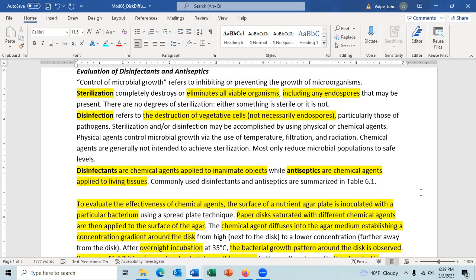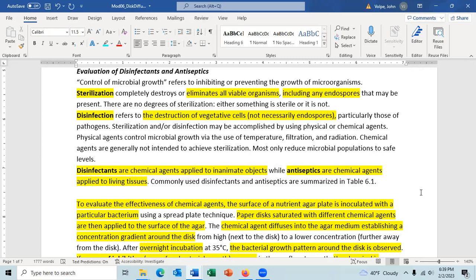Disinfection is what we do to an object when we're destroying vegetative cells. When we disinfect an object, we do not necessarily kill endospores. Any questions about that? So disinfection is what you do to an object.